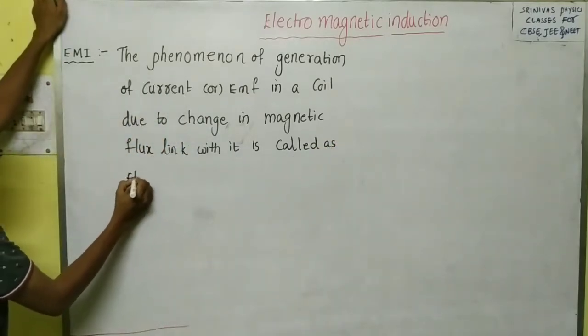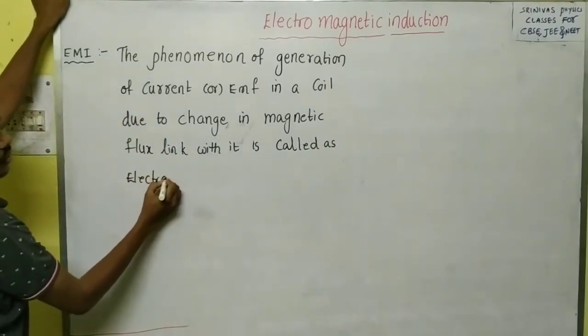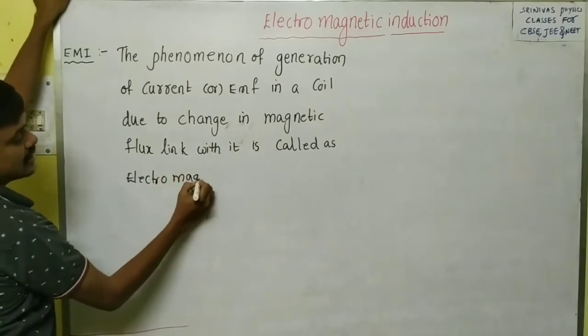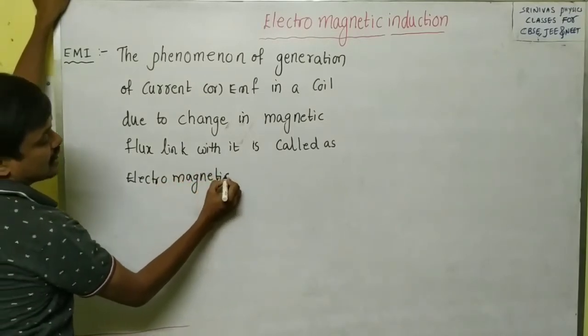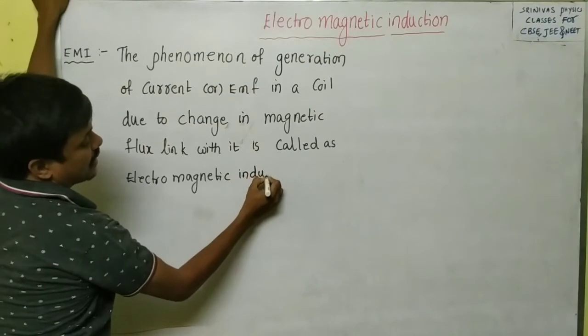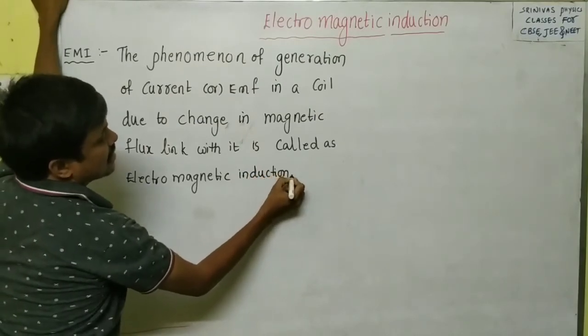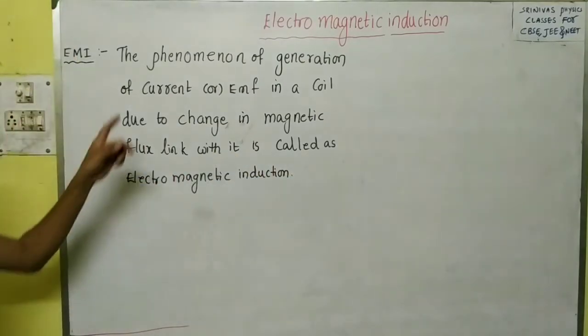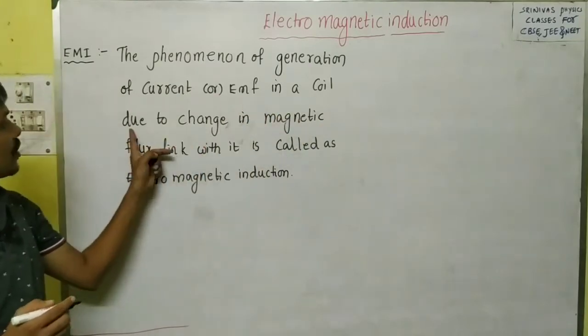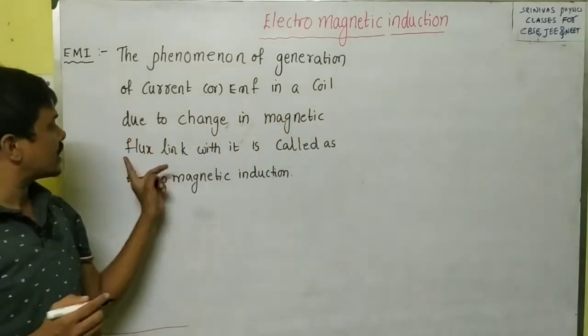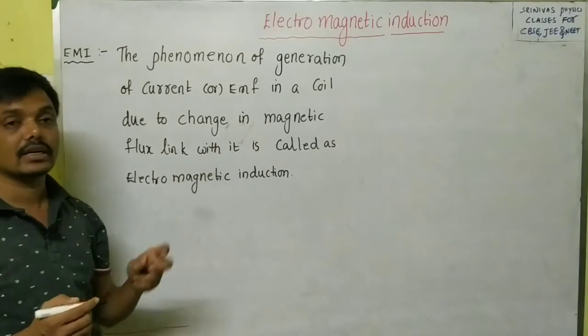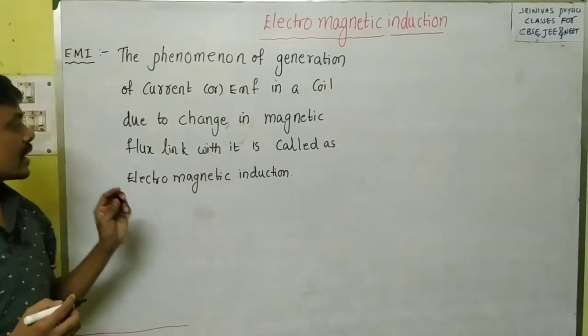The phenomenon of generation of current or EMF in a coil due to change in magnetic flux linked with it is called electromagnetic induction.